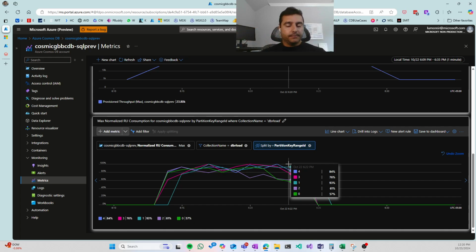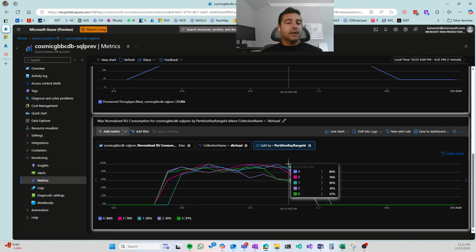To wrap up this presentation, the general idea is that when you notice 100% normalized RU, you need to dig a little deeper and see if it's a bad 100% normalized RU, where you're throttling all the time and going well beyond your provisioned throughput, or if you still have room to grow and more space to accommodate new requests coming to Cosmos DB.